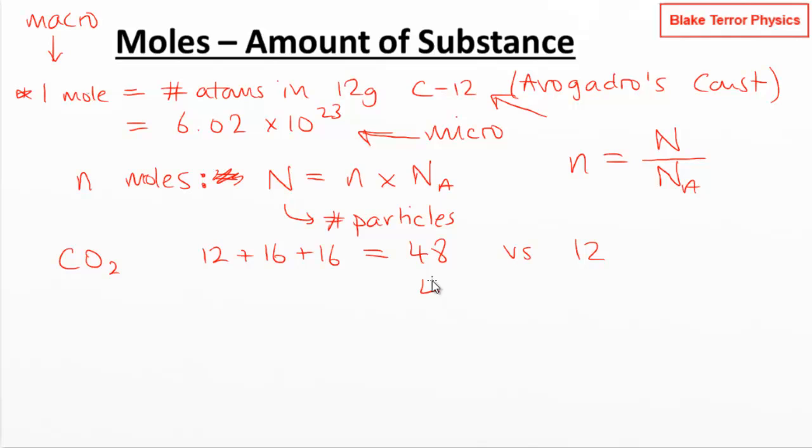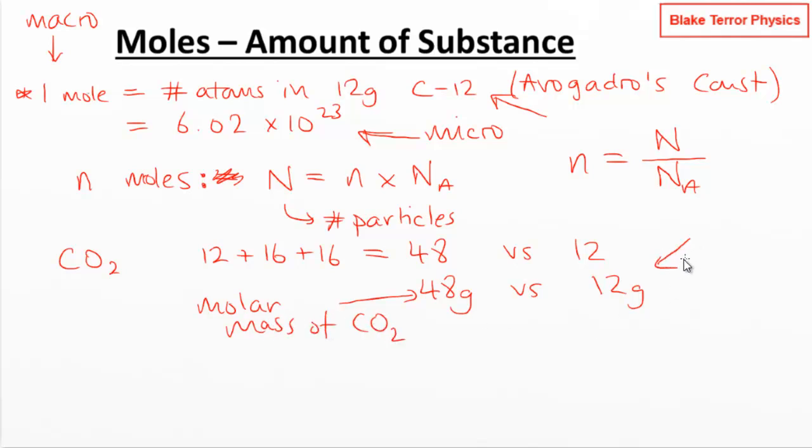So we've got 48 grams in 1 mole of carbon dioxide versus 12 grams in 1 mole of carbon 12. So this is our molar mass off of a very quick calculation for CO2. That's our molar mass of CO2. This is our molar mass of carbon 12.